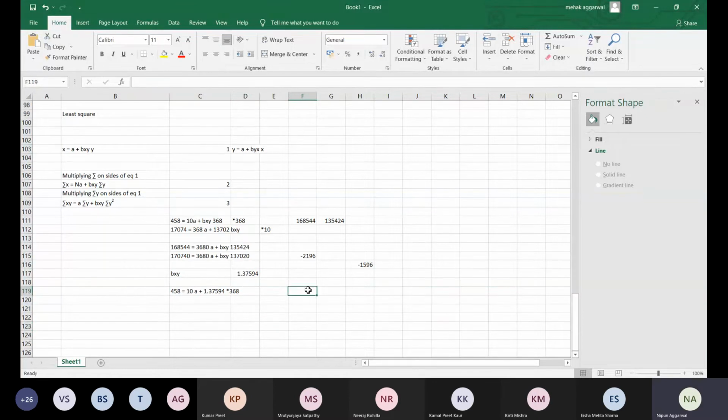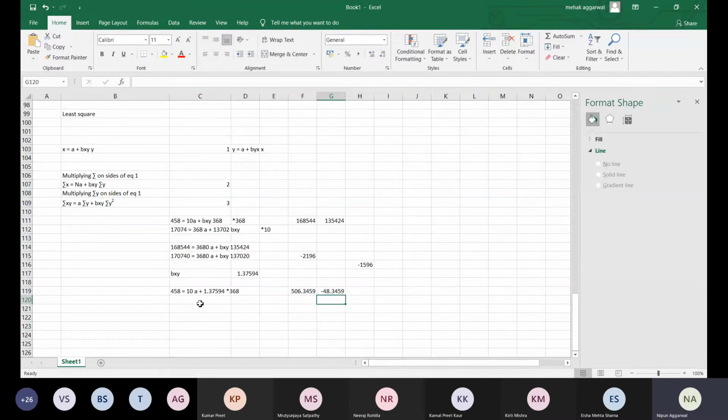After solving, 368 into 1.37594 is 506. So a is 458 minus 506, divided by 10.